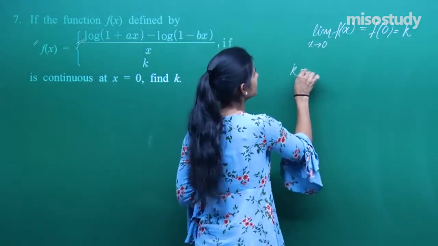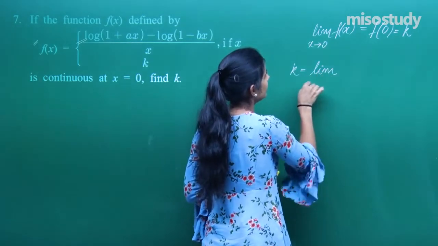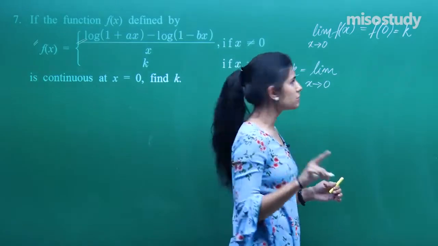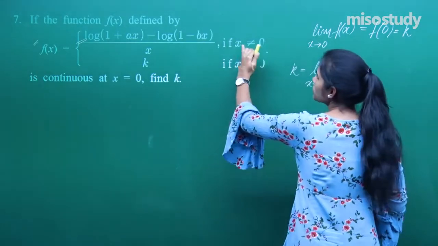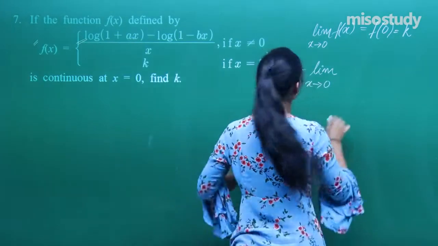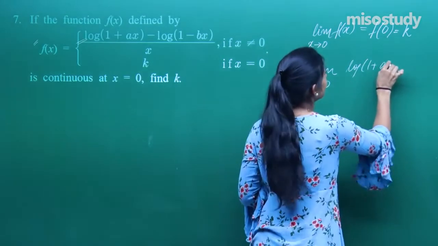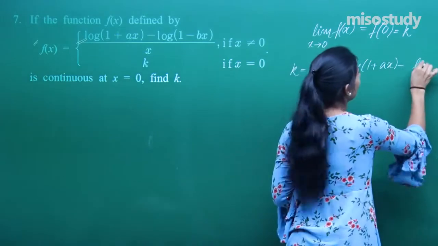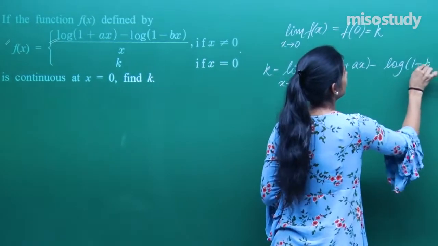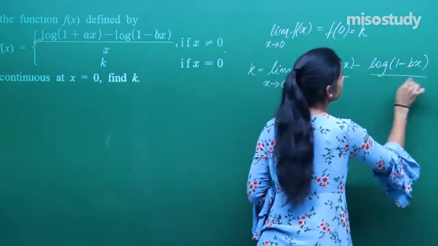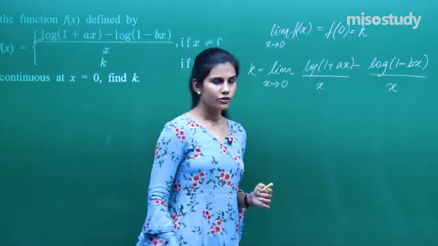So k is limit x tends to 0 of fx. Now when x is approaching 0, it is not equal to 0. So this definition of fx will be used, which is log of 1 plus ax minus log of 1 minus bx whole upon x, can be written like this, right?